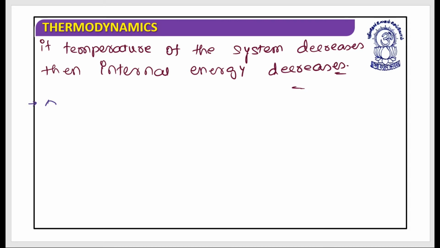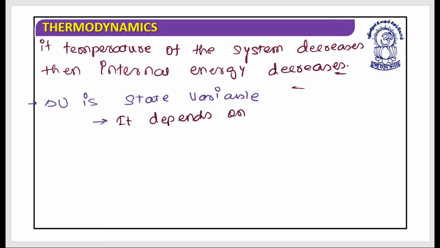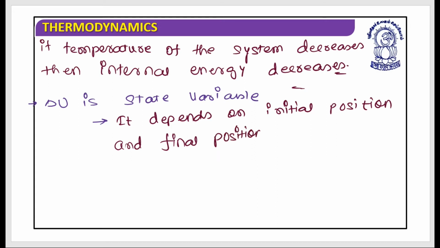One more thing is that delta U is a state variable. That means it depends on the initial position and final position only, and does not depend on the path.